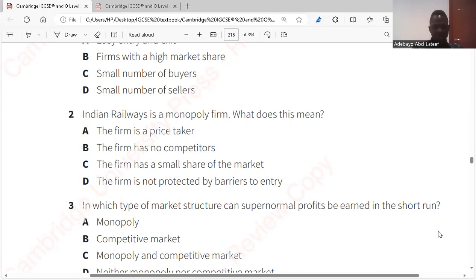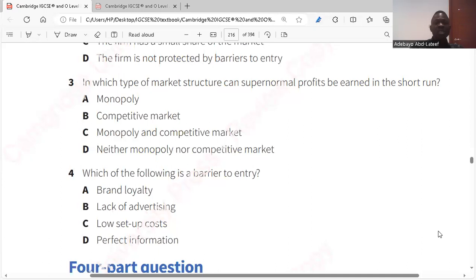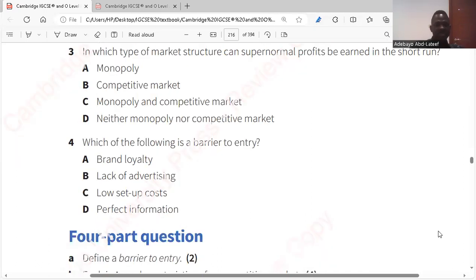So the firm has no competitors. Yes. Question 3. In which type of market structure can supernormal profit be earned in the short run? In the short run. Monopoly. No, competitive market.